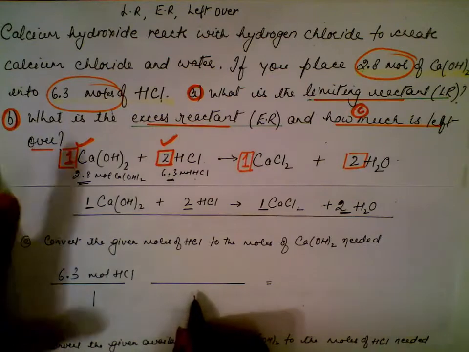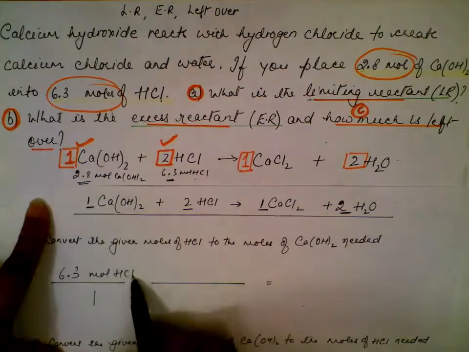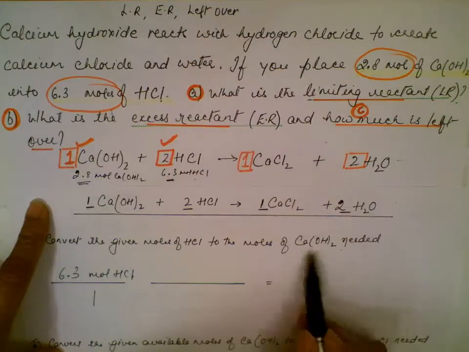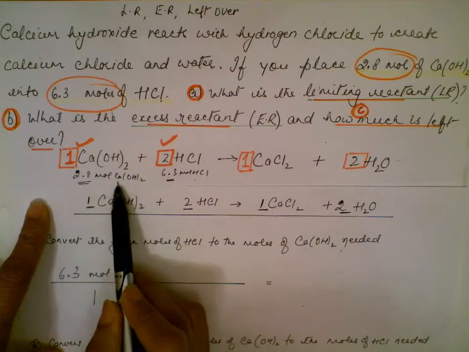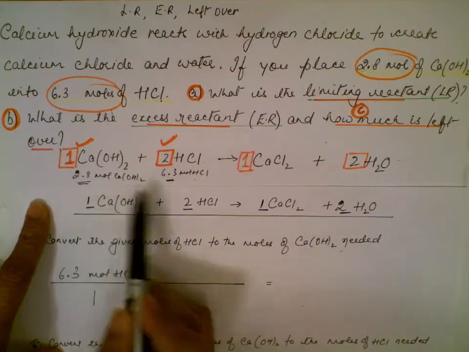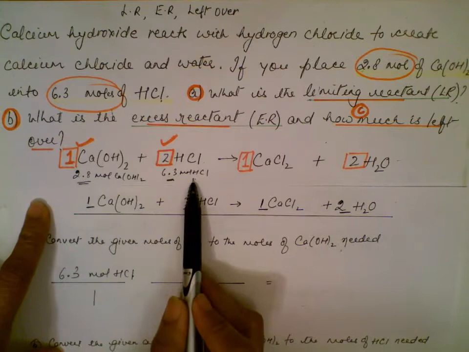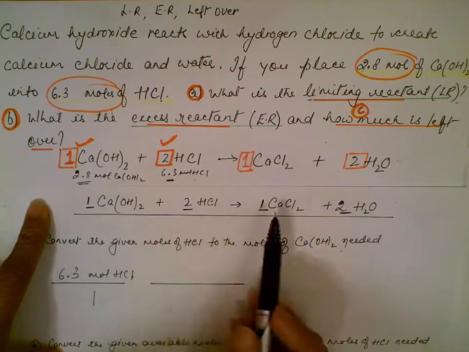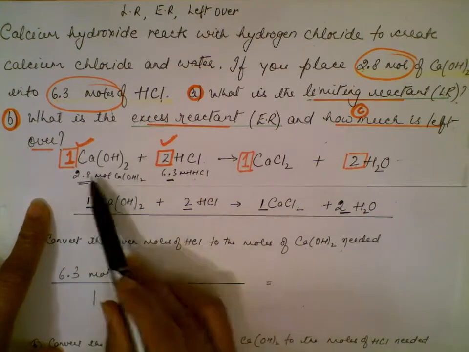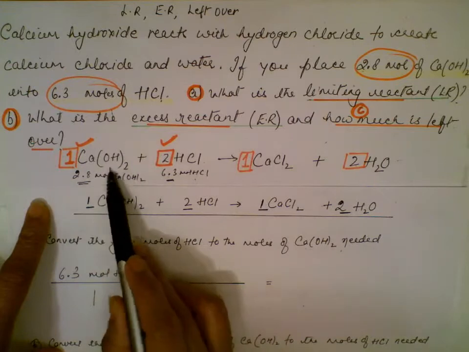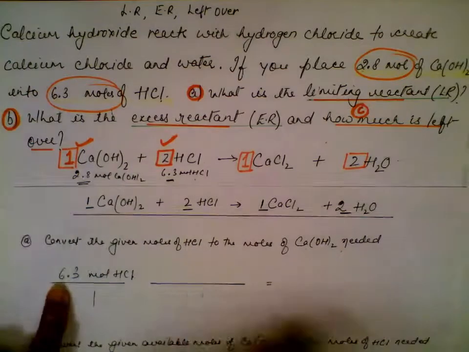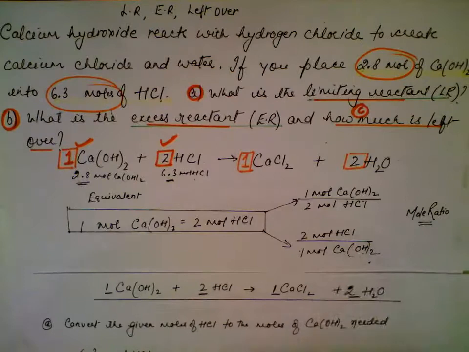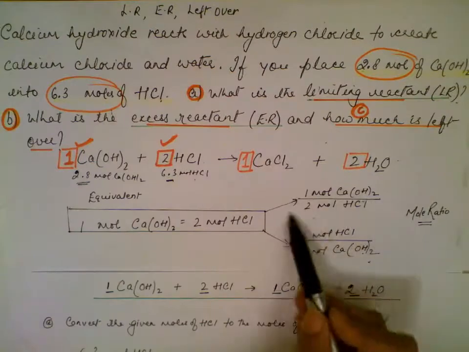You are converting the available moles of hydrogen chloride to the needed moles of calcium hydroxide, meaning how many moles of calcium hydroxide are we going to need in this reaction when we use 6.3 moles of hydrogen chloride. So what are you determining? You are determining the moles of calcium hydroxide, so that has to go at the top. So when you pick the fraction from here, this is the one you're going to pick, correct?